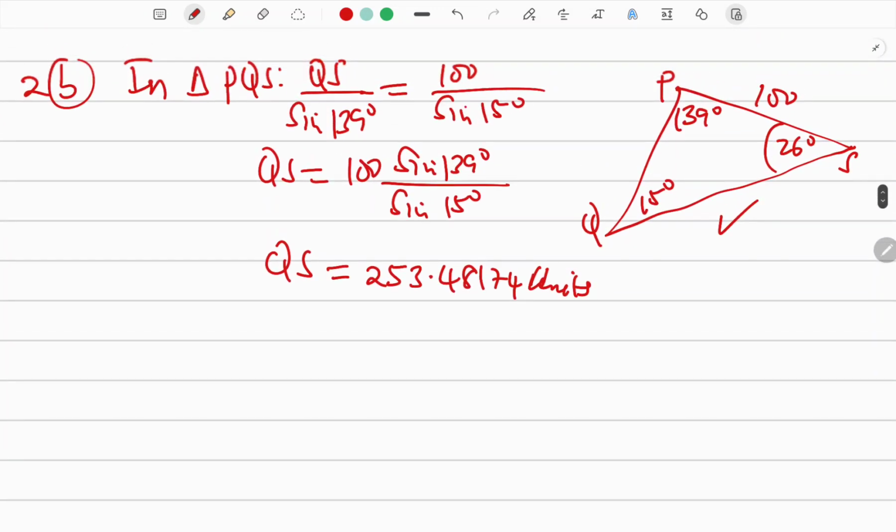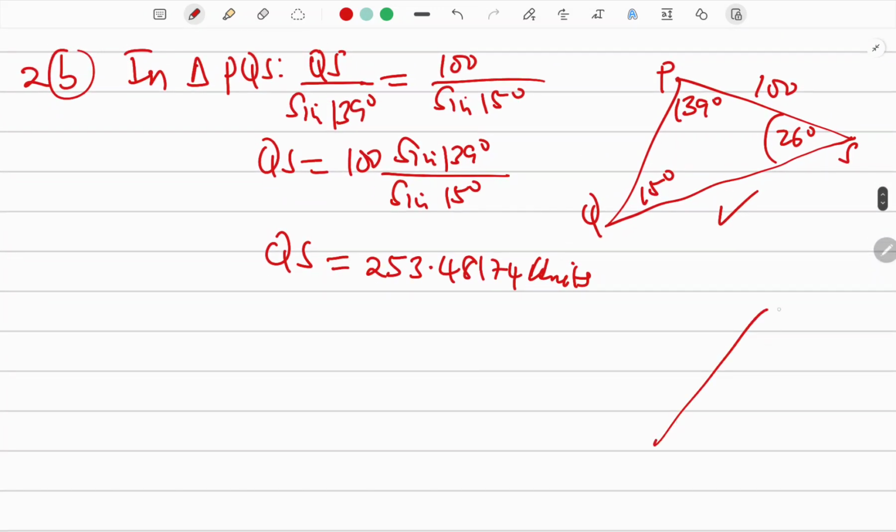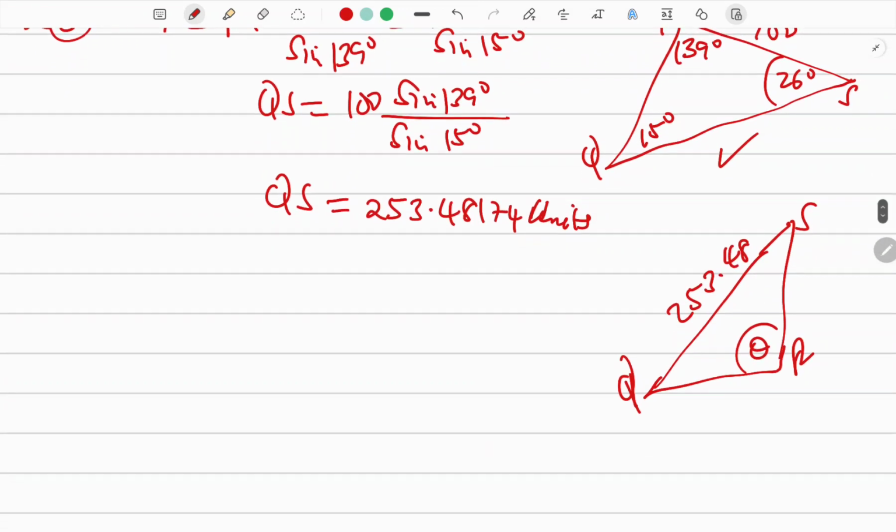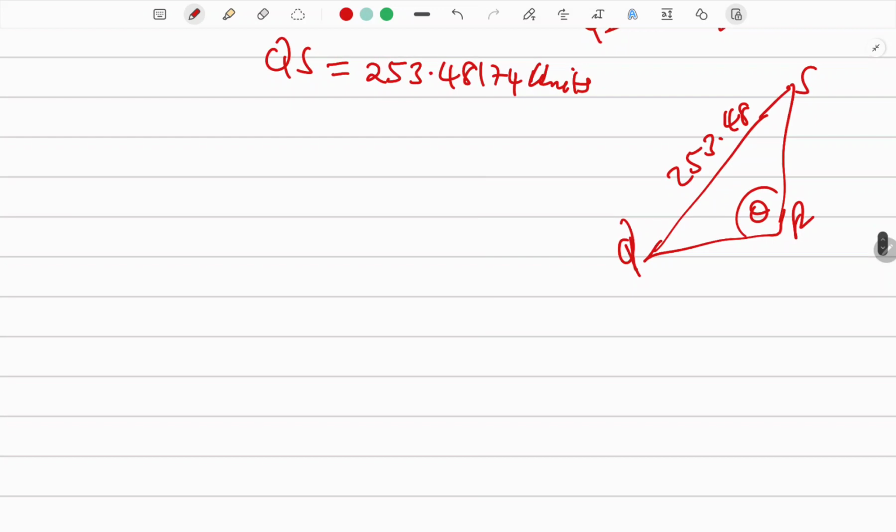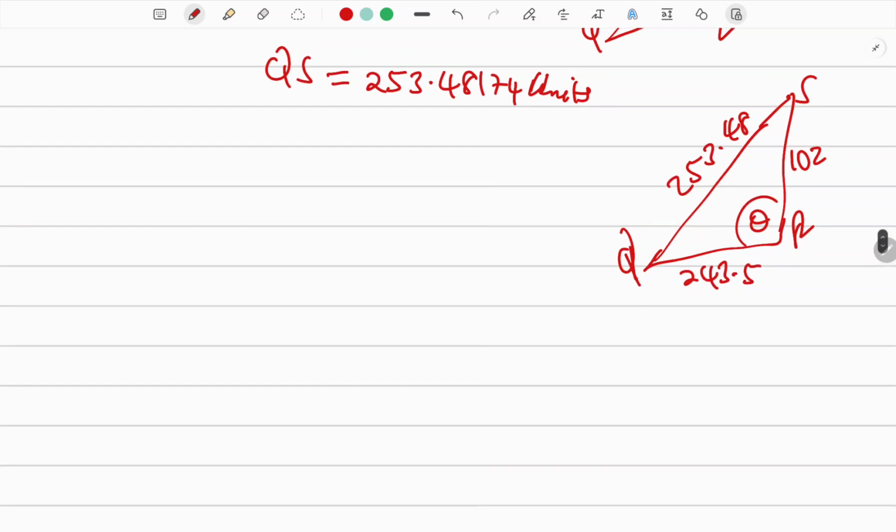We have this triangle here, and this is Q, this is S, and this is R. This side is 253.48, this angle is theta, this side is 102 units, and this is 243.5 units. We need to find the angle theta.